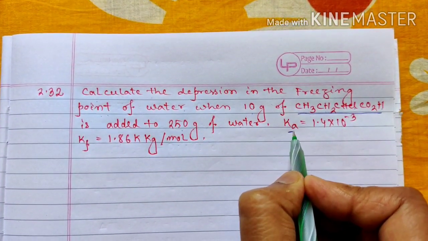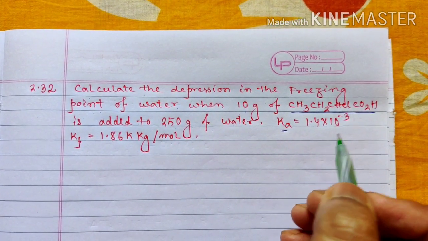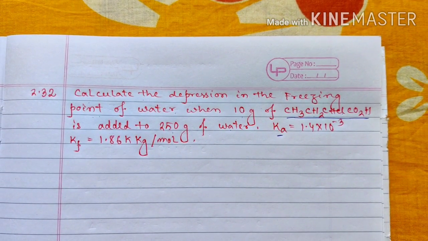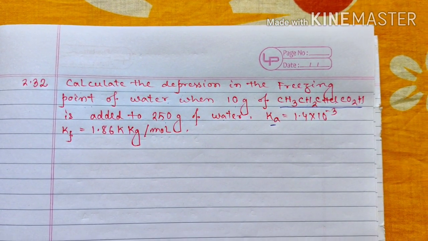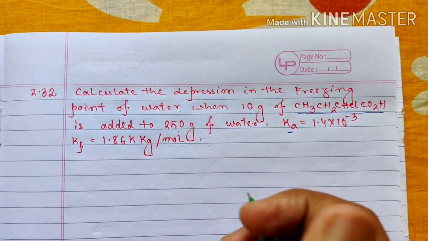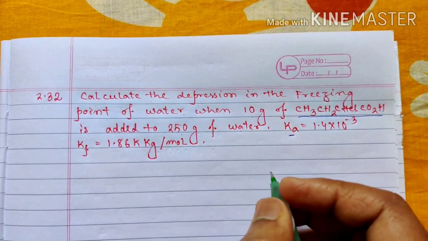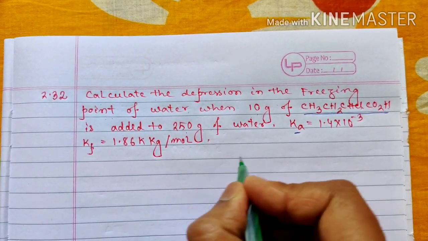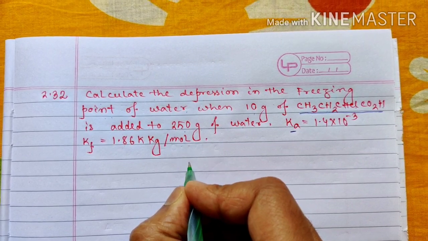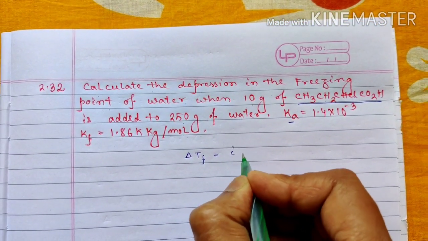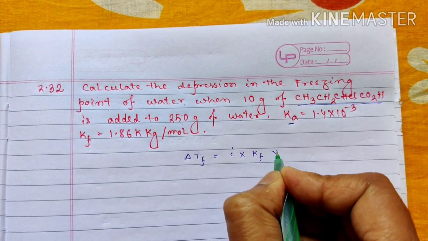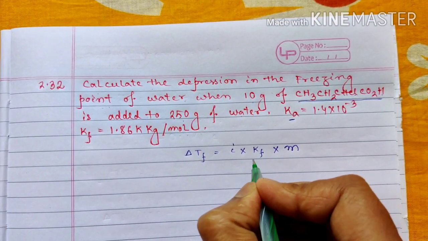The dissociation constant is given, that is Ka equal to 1.4 into 10 to the power minus 3 for this weak acid, and Kf is also given. So let us chalk it out. First of all, we have to calculate the depression in freezing point, that is delta Tf. For that we need i into Kf into m.